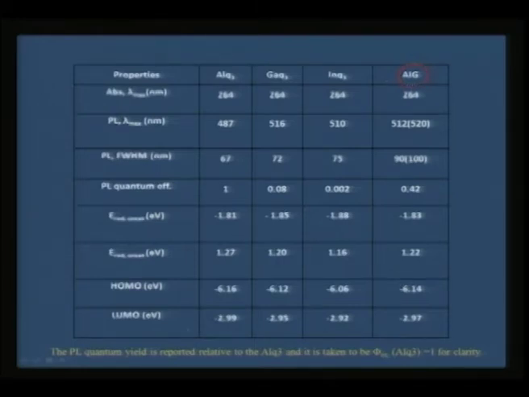You can see that the absorption is placed somewhere closer to indium and gallium, and the PL is exactly mid placed between the aluminum and gallium complexes, and so are the HOMO-LUMO values. Everything recorded clearly shows that such a solid solution can be achieved.